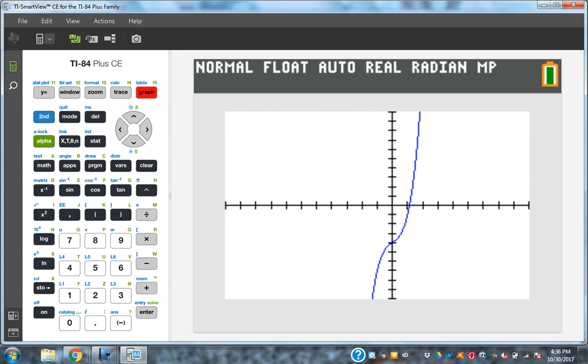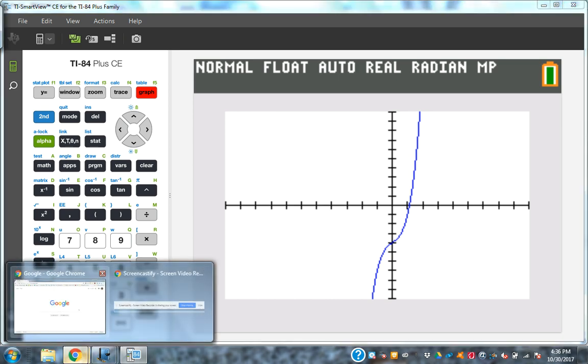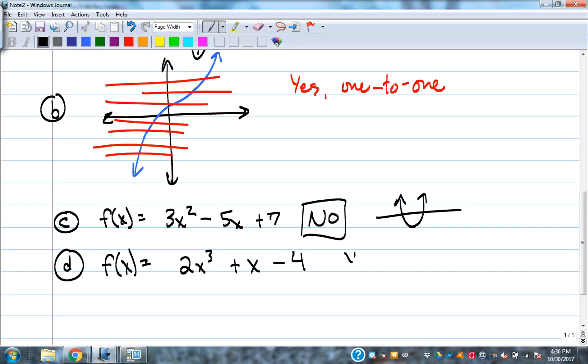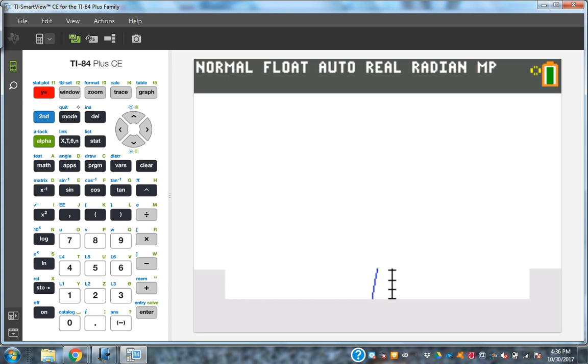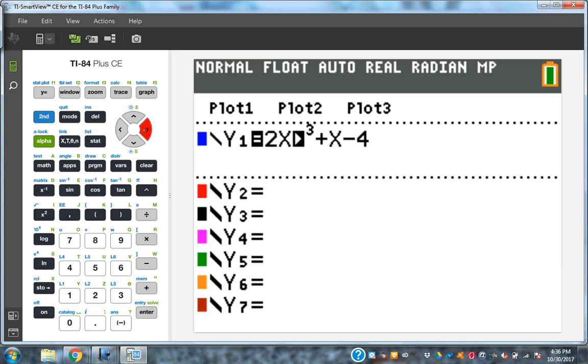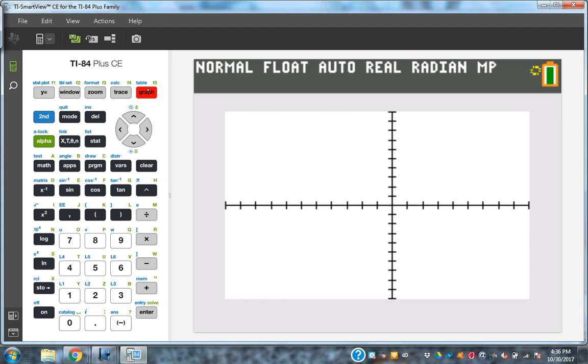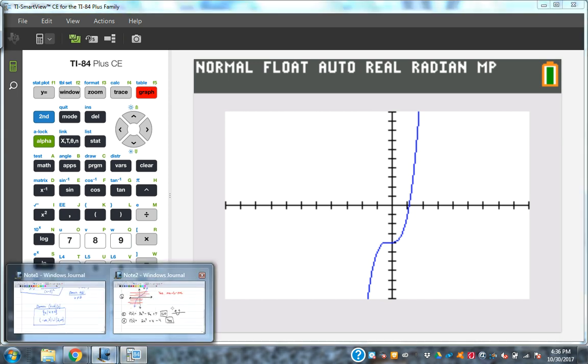So that is a one-to-one function. So you gotta look at those graphs. If that were x squared in there in the middle, I change that. That would not pass the horizontal line test. There's a flat spot there that it goes through. So that would not pass the horizontal line test.